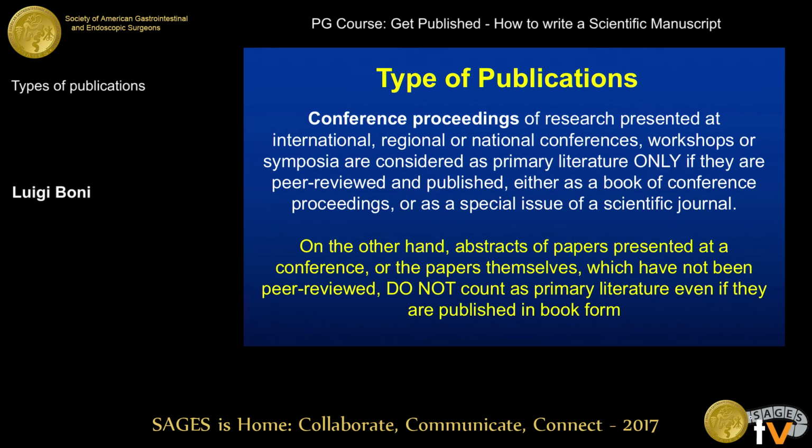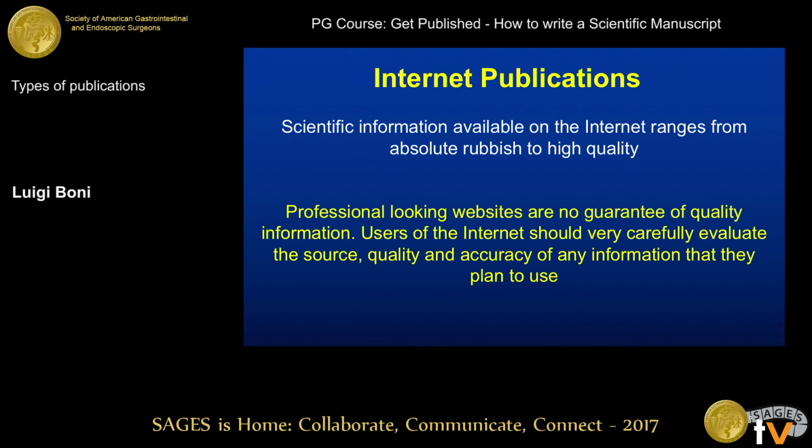Conference proceedings are primary literature if they are published and peer-reviewed. But if they're not peer-reviewed, they become tertiary literature. So sometimes the way you publish does not necessarily count for your classification in this field.